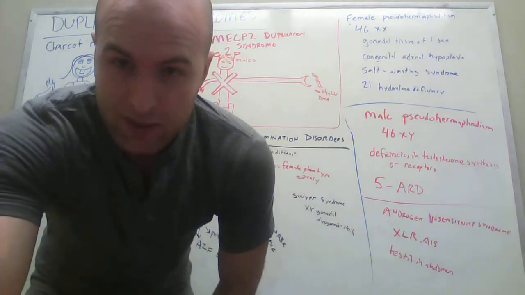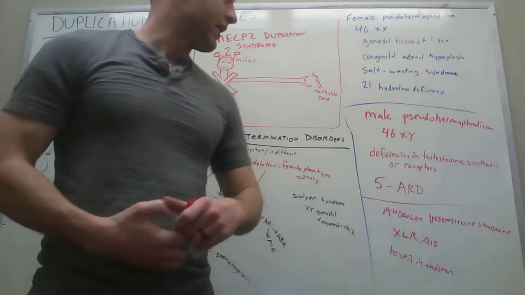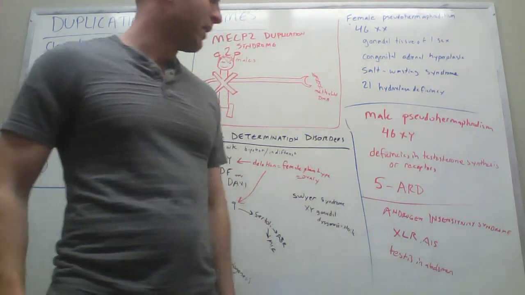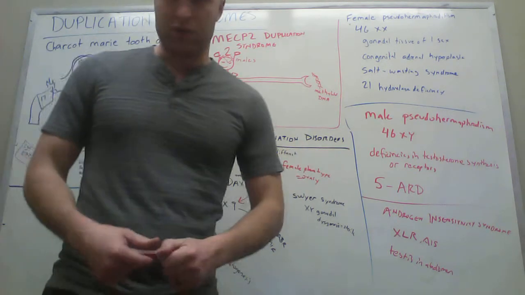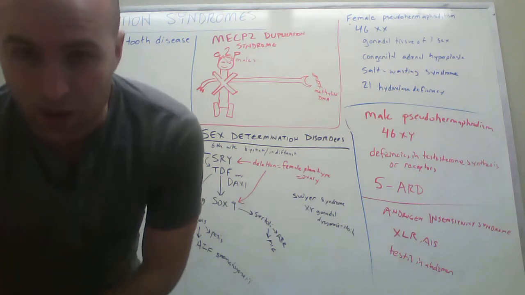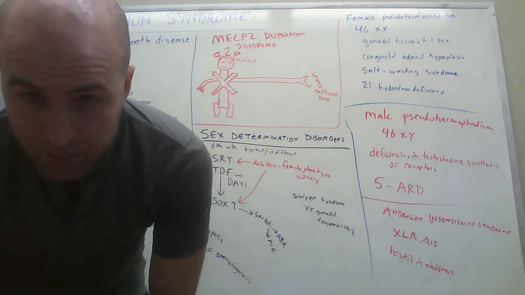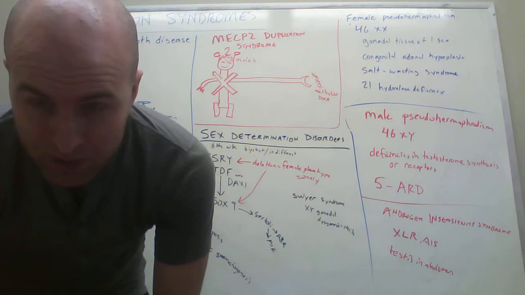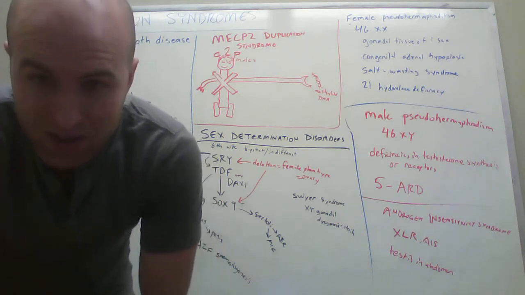Okay, the next one here is male pseudohermaphroditism. And the same thing again, 46 chromosomes, but in this case it's an XY, but they appear... they're a pseudohermaphrodite. So again, it's a gonadal tissue of one sex that matches the karyotype, and normal testicular development, but completely masculine or female external genitalia, or incomplete, normal testicular development.